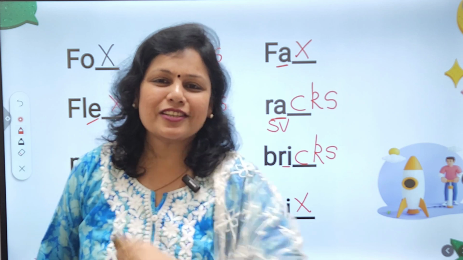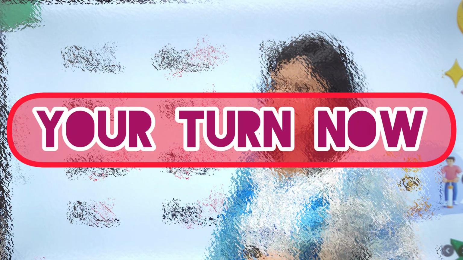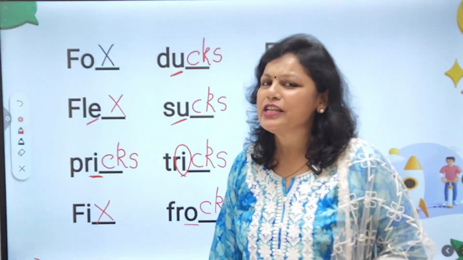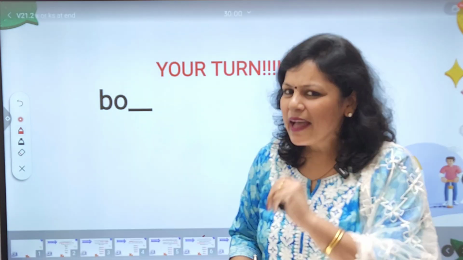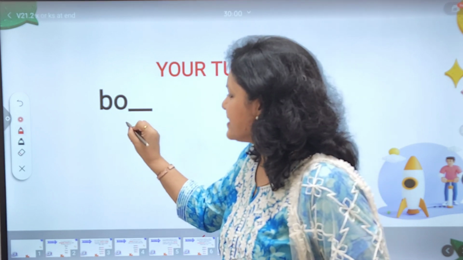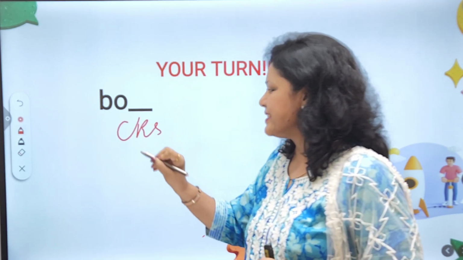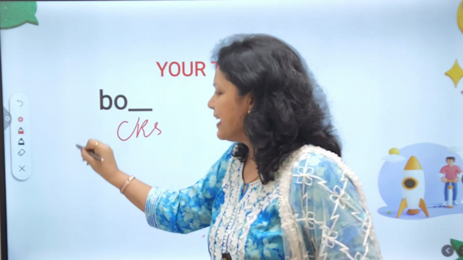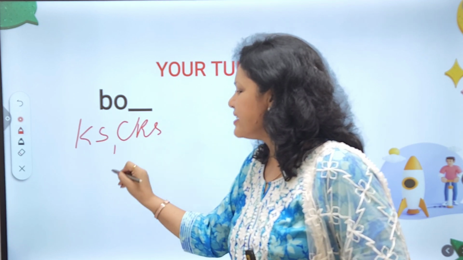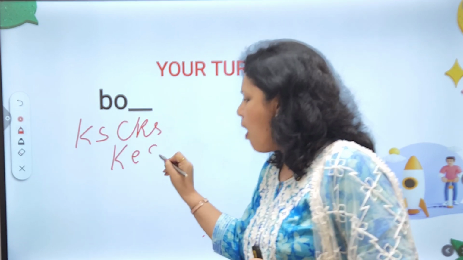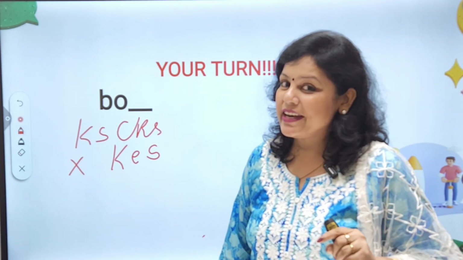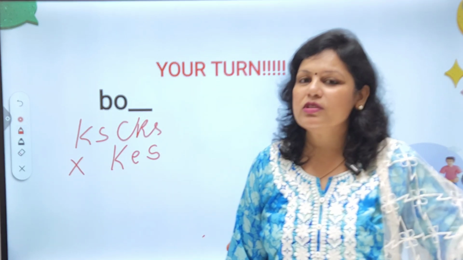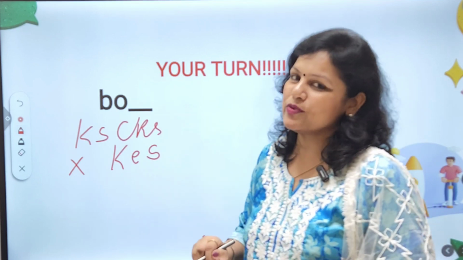Now it's your turn to give me the correct answer. I'm going to give you a few words and now you need to give me the answer in the comment box. I'm going to give the hint now. Is this only CKS? Is this KS? Or is this KES? Or it could be simple X also. Now you need to identify the rule out of these 6 rules and tell me what is going to come over here.